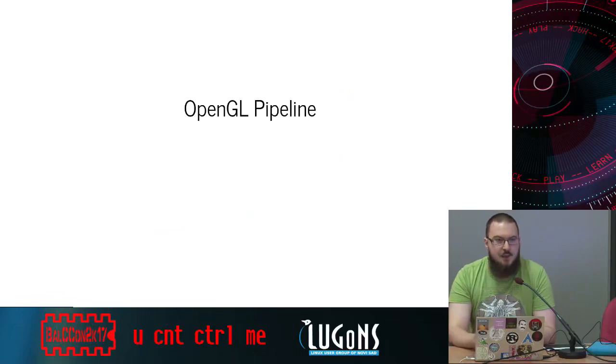So how does OpenGL work? If you've ever tried to draw something without OpenGL, you might have started something like a loop, looping over every pixel of the screen or the window, and then setting your pixel color depending on some conditions. OpenGL works quite differently. You have a pipeline in OpenGL starting with some vertex data.